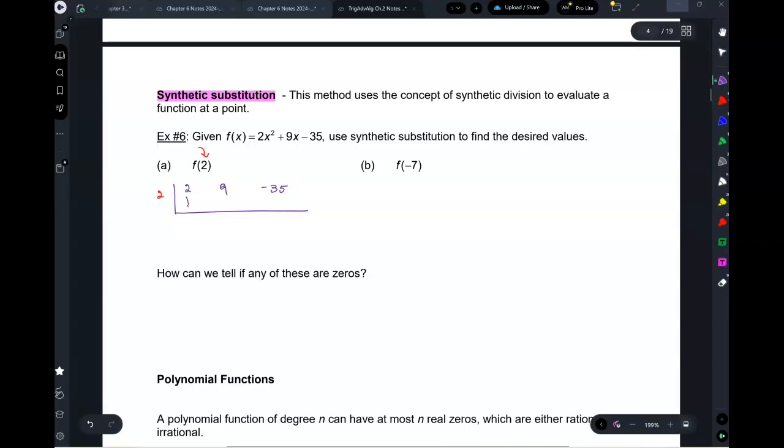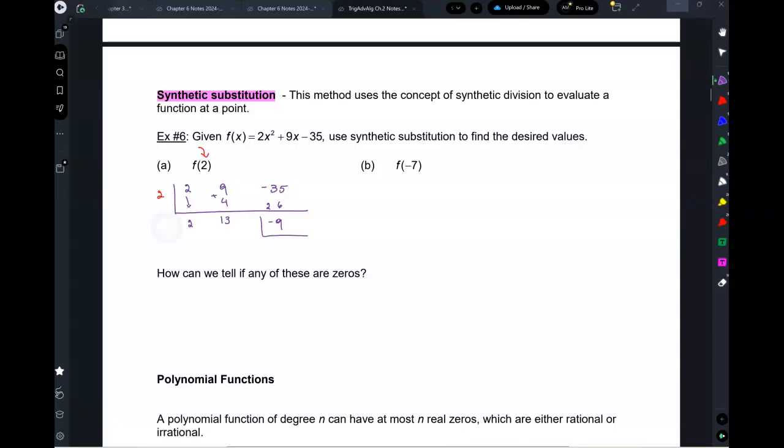Okay, first number comes down for free. Everything down here gets multiplied by the red. We add: 13. We multiply: 26. You add, you get negative 9.